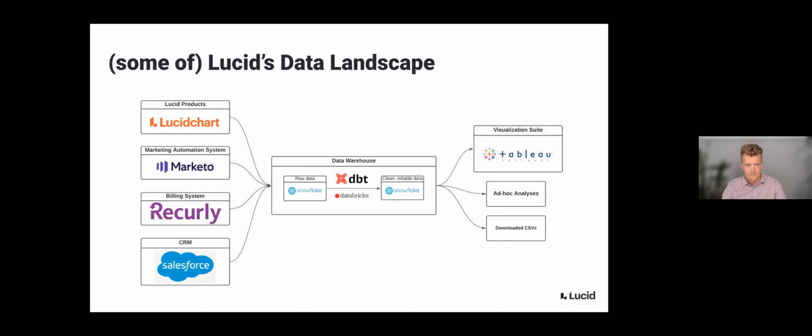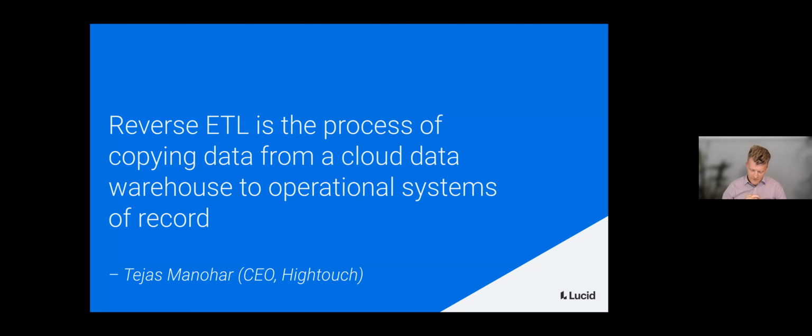So now that we've talked about the data landscape for our discussion, let's define reverse ETL. I really like this quote from Tejas, and I won't attempt to pronounce his last name, but he's the CEO of Hightouch, one of the companies in the reverse ETL space. They're the company that we use at Lucid. And he says that reverse ETL is the process of copying data from a cloud data warehouse to operational systems of record.